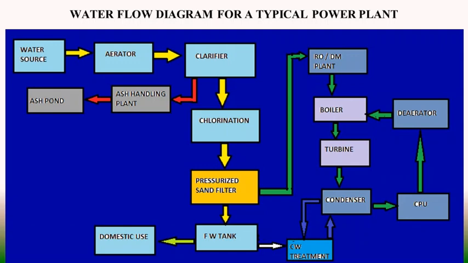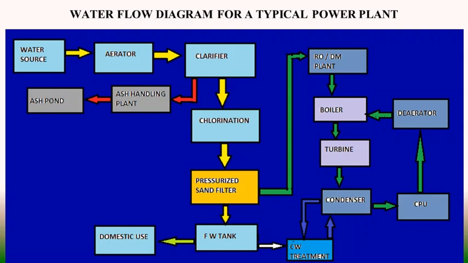Then that clear water is taken into the feed water tank, which is used for cooling purpose, firefighting purpose and domestic use. From this tank, water is also taken for CW treatment, and the circulating water that is circulating through the condenser for collecting the heat, rejecting the heat from the condenser.